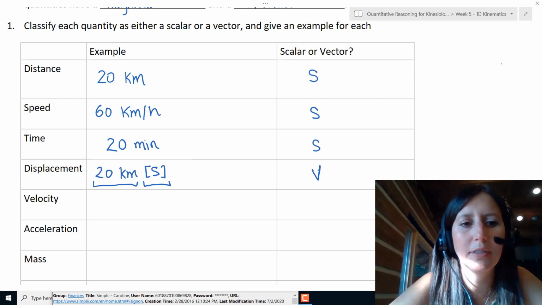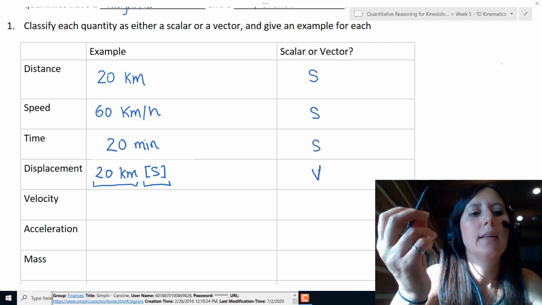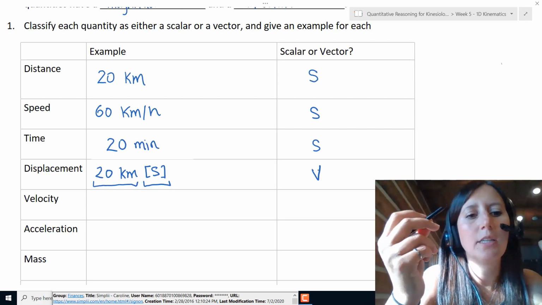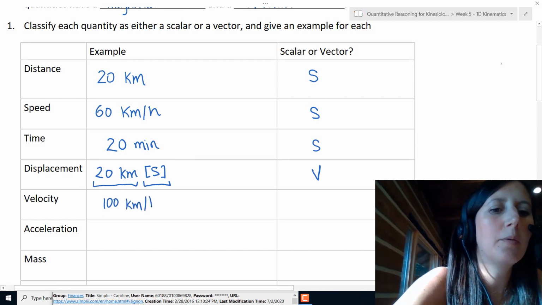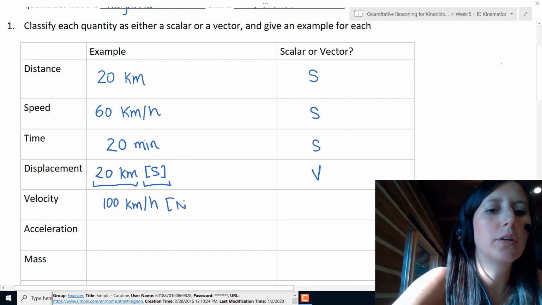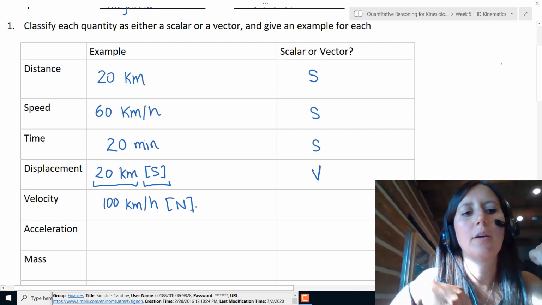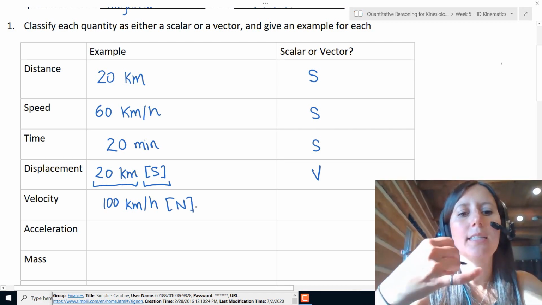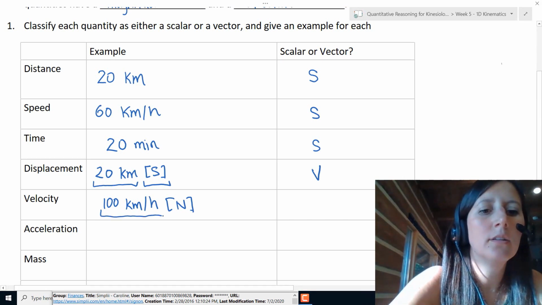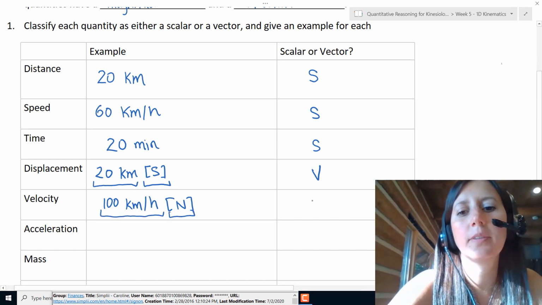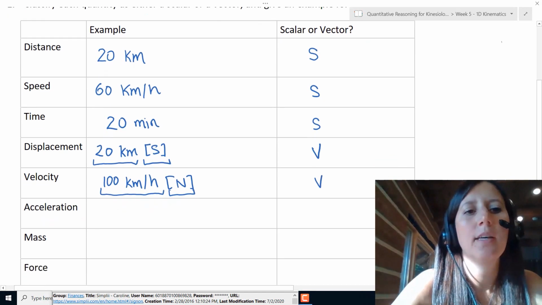So these are all examples of directions. Let's say my velocity when I'm driving up to the cottage is on average 100 kilometers per hour, and we're traveling north. That would be my velocity, and that is a vector because there is both a magnitude and a direction.